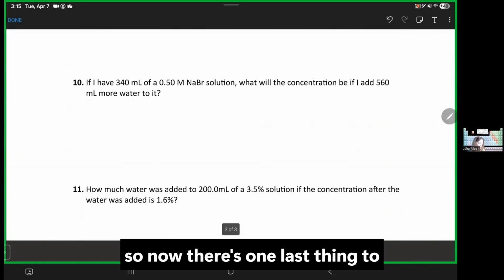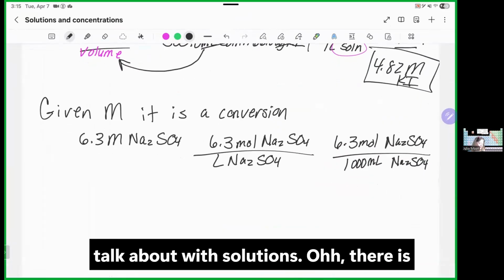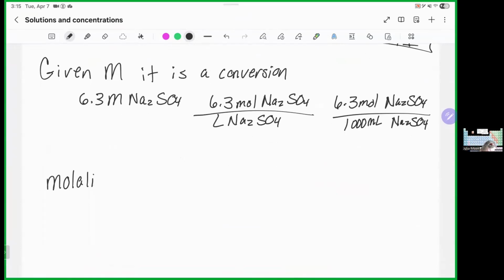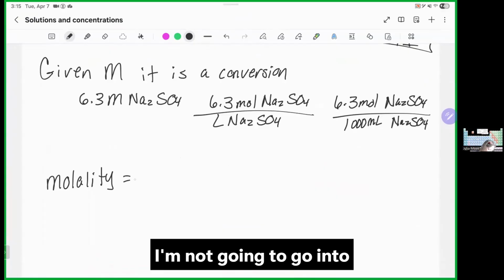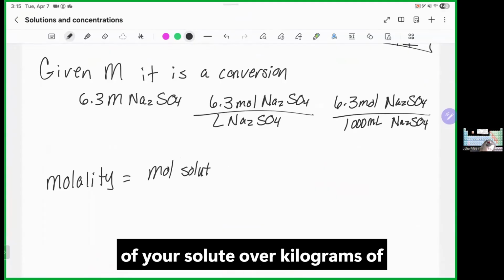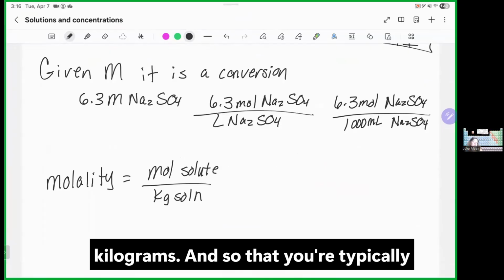Okay, so now there's one last thing to talk about with solutions. Oh, there is another one. It's called molality. I'm not going to go into that today. Its units are moles of your solute over kilograms of solution. Instead of liters, it's kilograms.